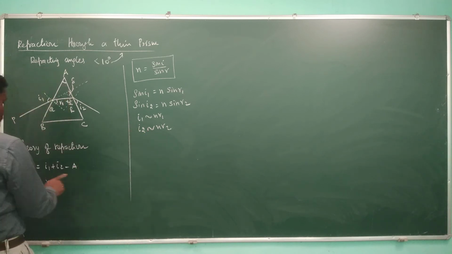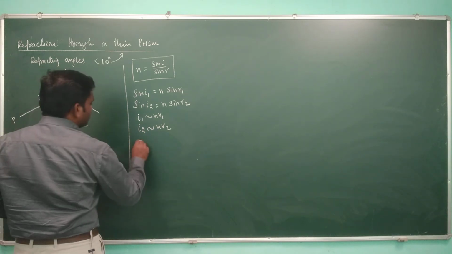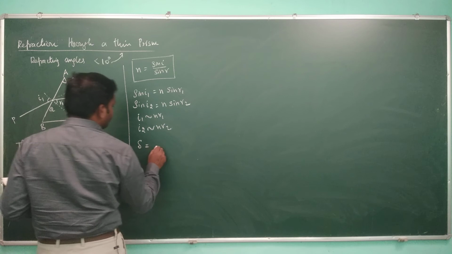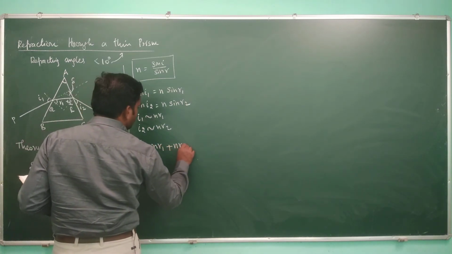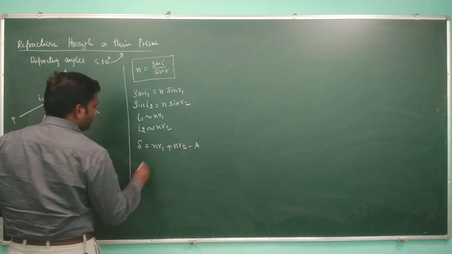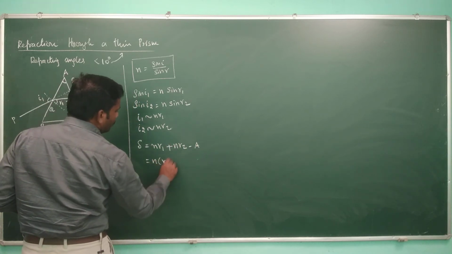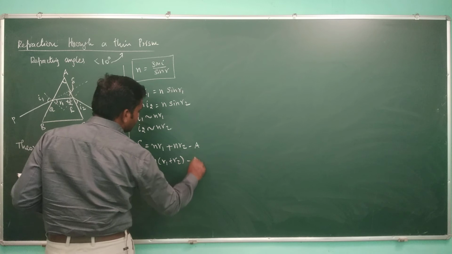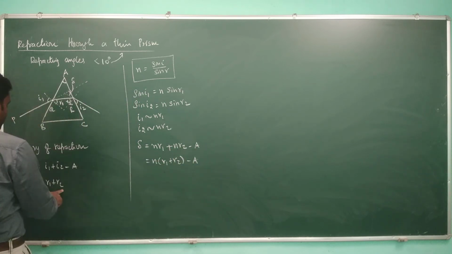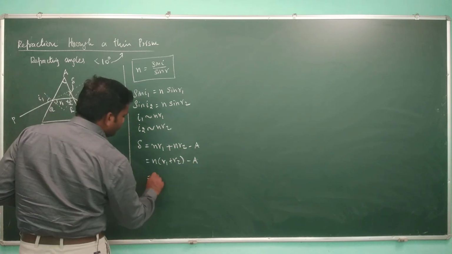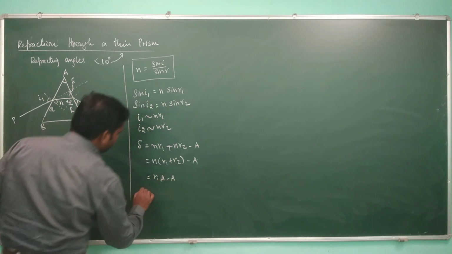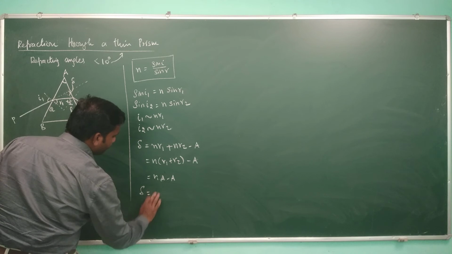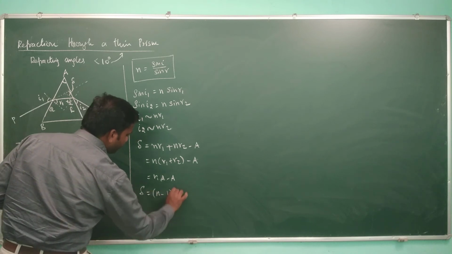Applying this assumption here, delta is equal to n r1 plus n r2 minus A. So n times (r1 plus r2) minus A, but r1 plus r2 is nothing but A. So this is nA minus A. We can write delta is equal to (n minus 1)A.